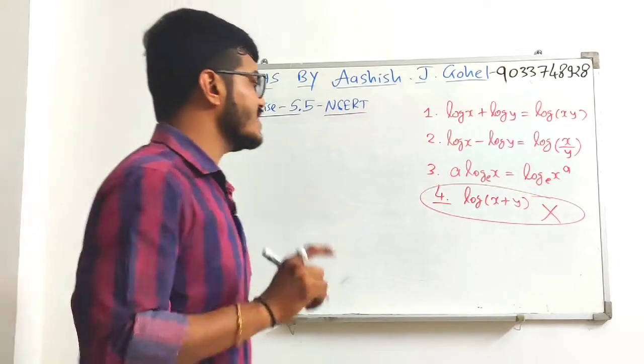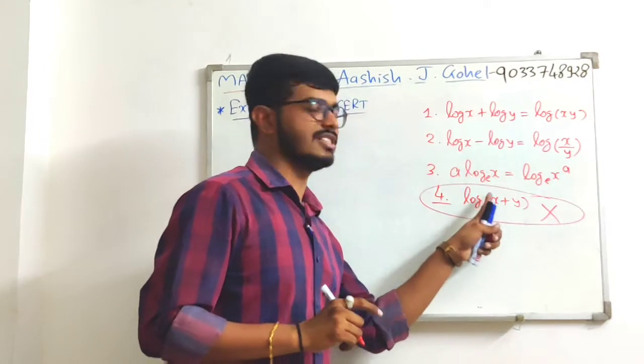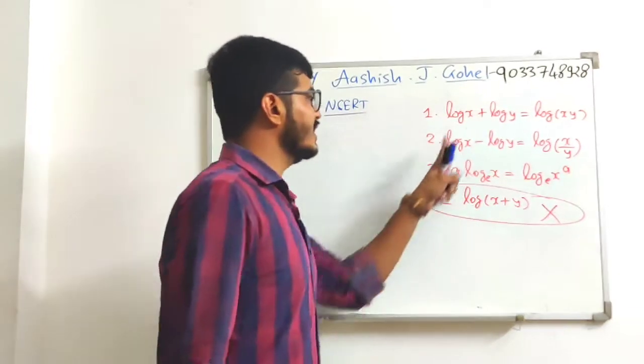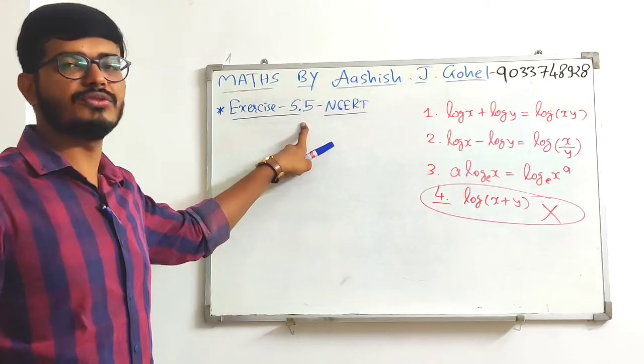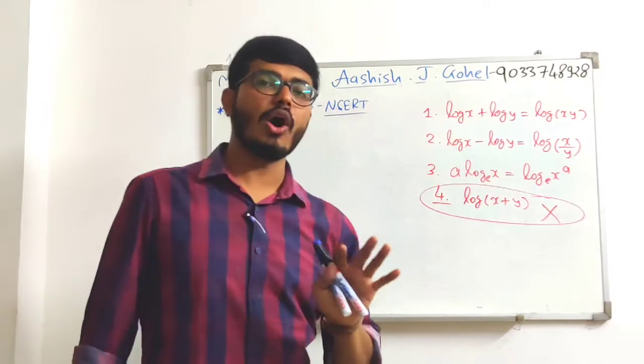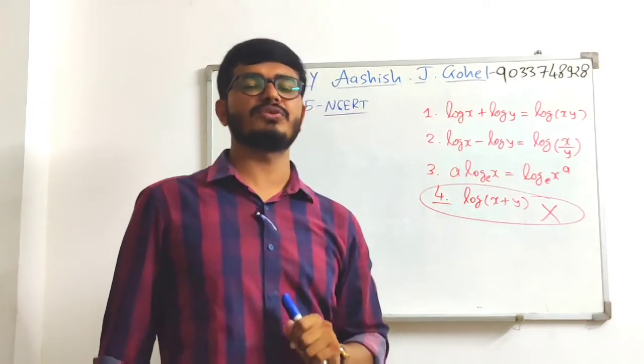Okay, so as we do not have any formula like that, there are two types of questions in this exercise 5.5. First type of question: when we need to apply log and then differentiate the function.